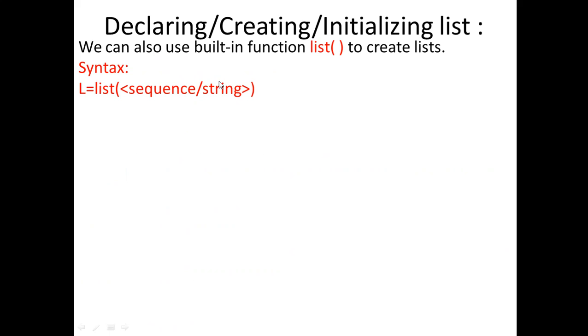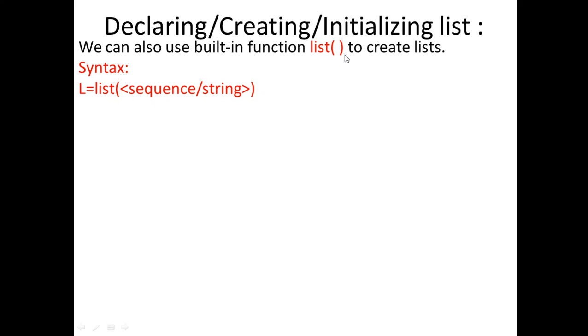To declare or create the list, we can also use the built-in function list. List with brackets opening and closing is a built-in function for creating the list. As you saw in the previous examples, values under square brackets are an example of a list.